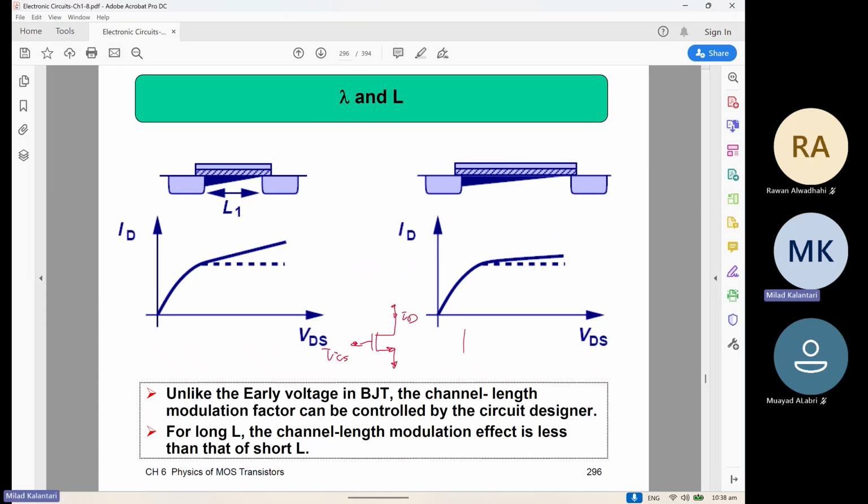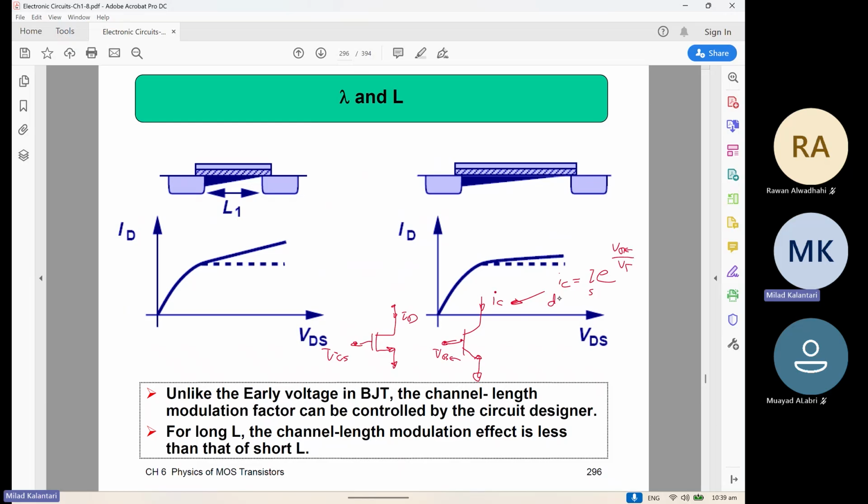For the BJT, if you remember, gm was how much the collector current changes once you change VBE. To calculate the gm for the BJT, we needed to take the derivative of the IS exponential equation with respect to VBE.